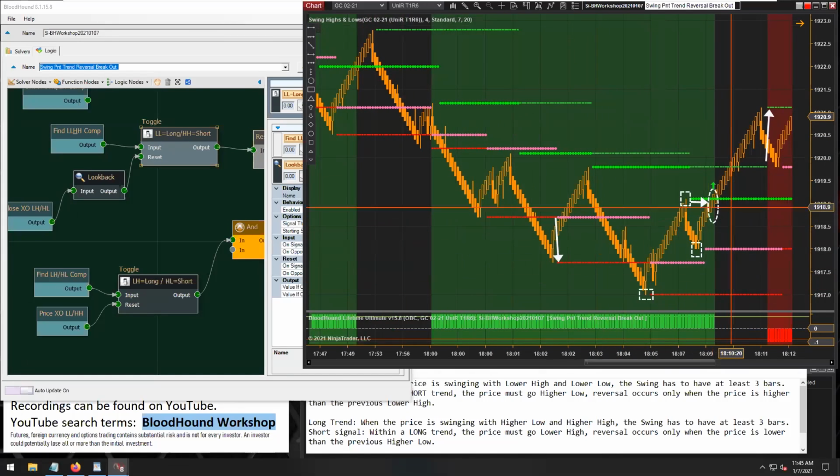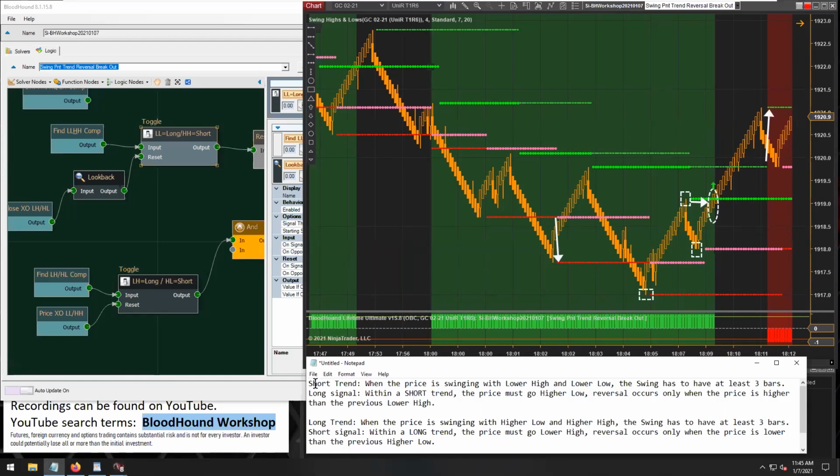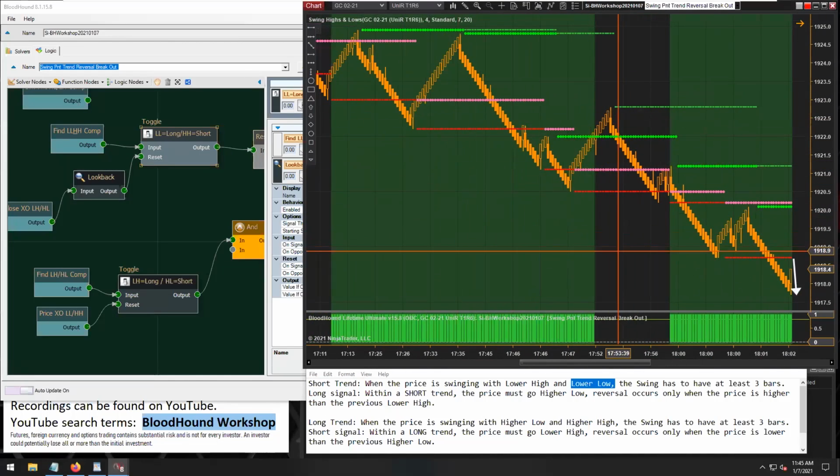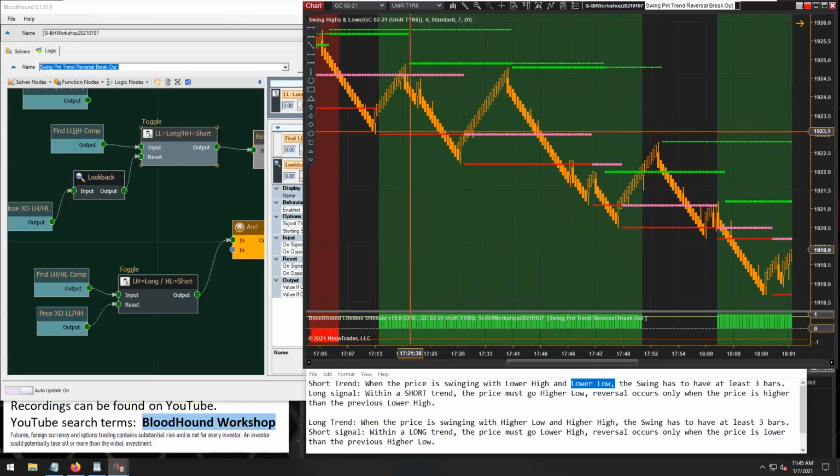And then one bar after our signal bar, that toggle node's turned off. And then it resets, waiting for the next setup. It's waiting for this next short trend, lower low, to set up for another signal.